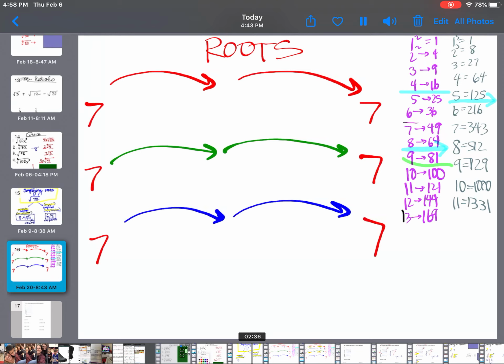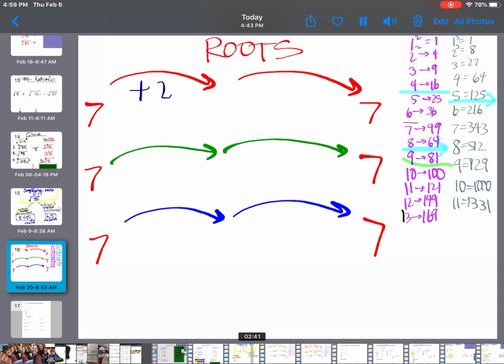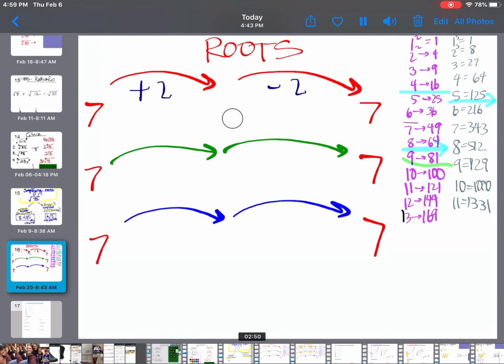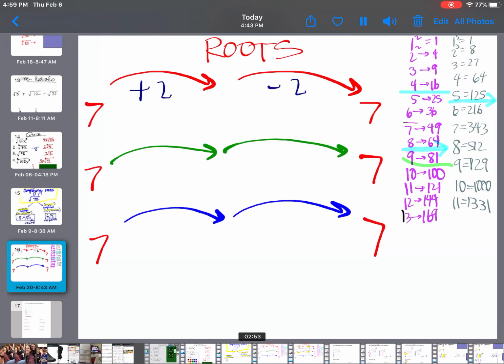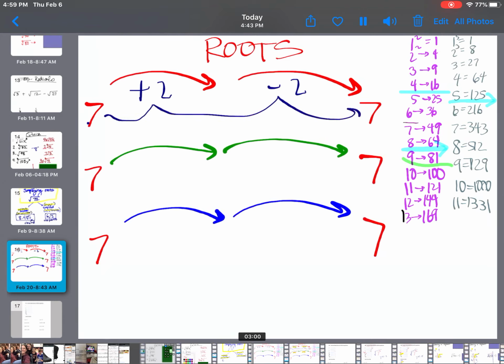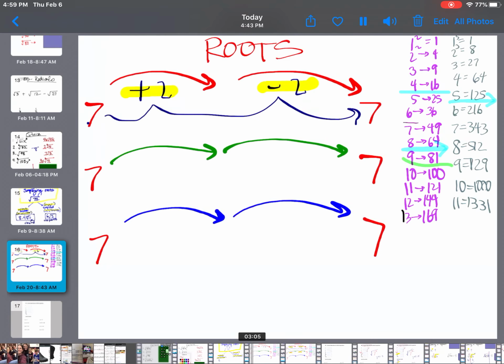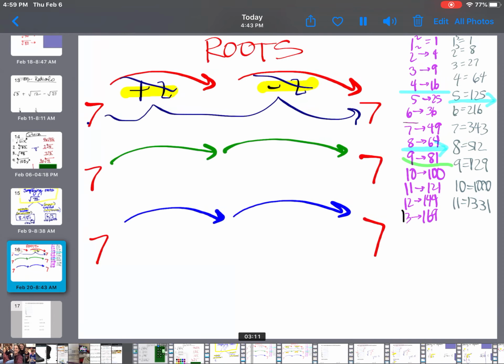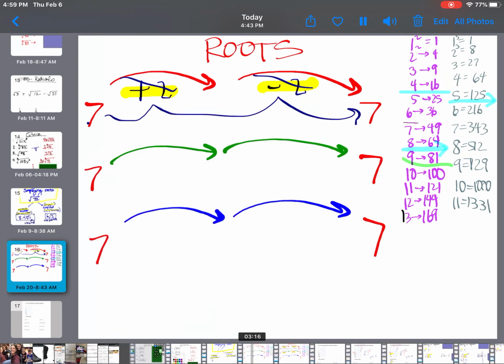So let's add this to a new page, maybe on the back. Back in second grade, we did some inverses like this. 7 plus 2 is 9. And if we minus 2, we're back to 7. Now, if we take the 9 out of the mix, then we have a plus 2 and a minus 2, which really we can just cancel out since they are inverse, which leaves us with our original number 7.